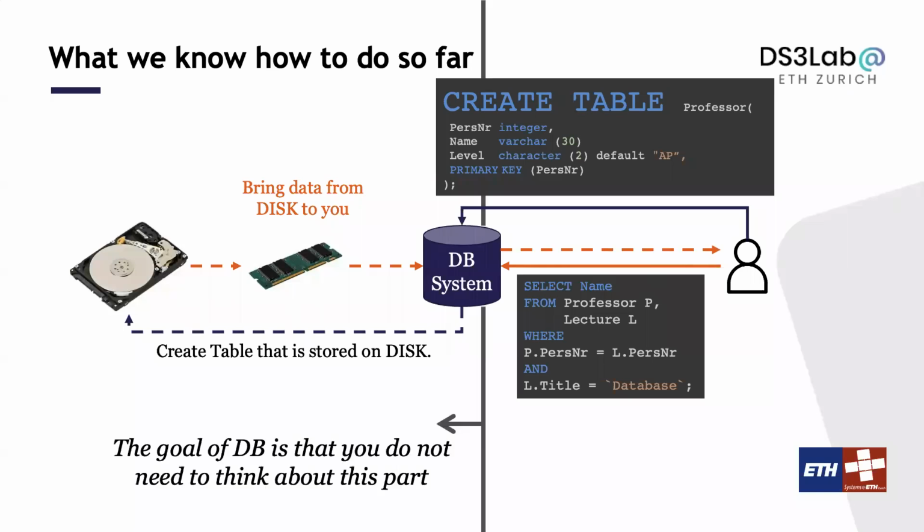The goal of the database is to make this process as declarative as possible. We keep talking about this word, declarative. You as a user tell the database what you want instead of how to get it from the hard drive. The job of the database is to optimize the execution of bringing that piece of data from the hard drive to you.